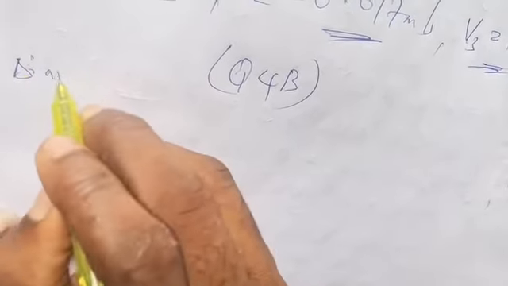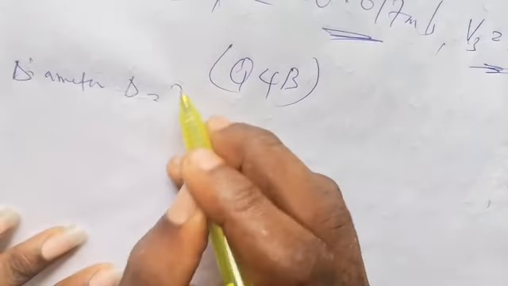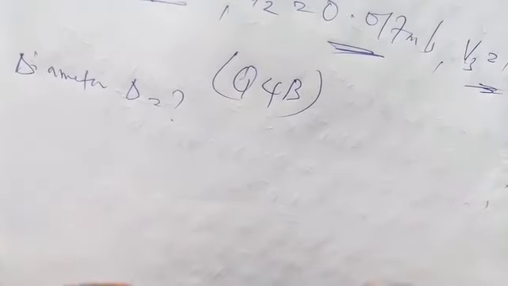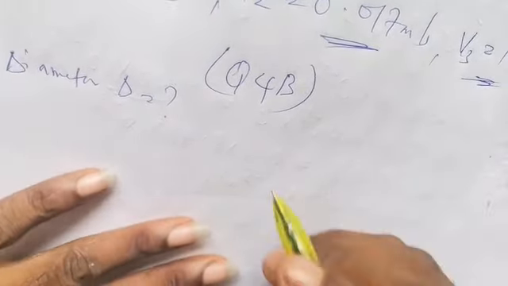Alright. So we are asked to find what minimum diameter. Diameter D is unknown. Okay, it is required to carry 0.03 kilogram per second. When you see kilogram per second, it is simply telling you the mass flow rate.